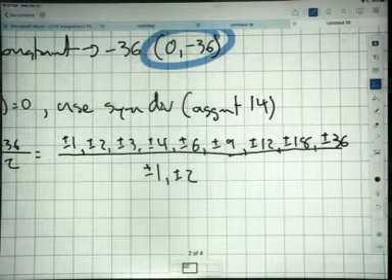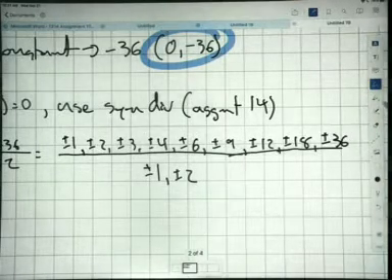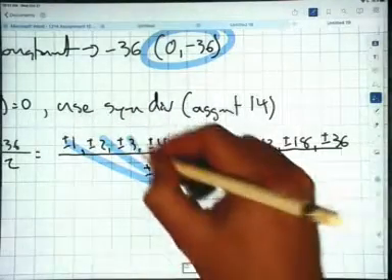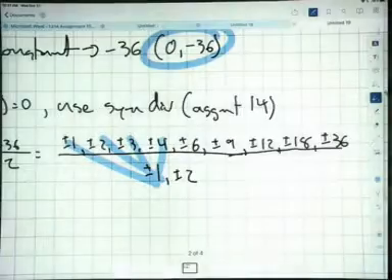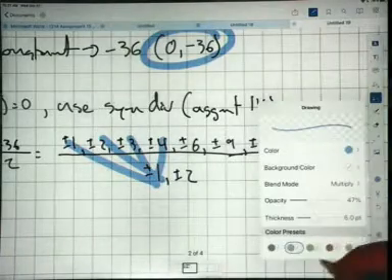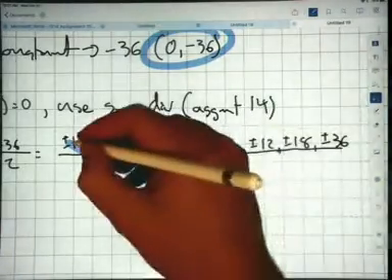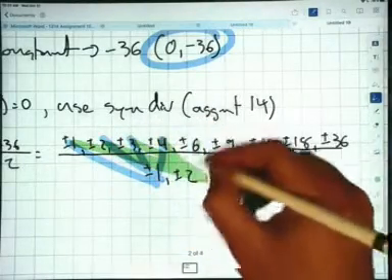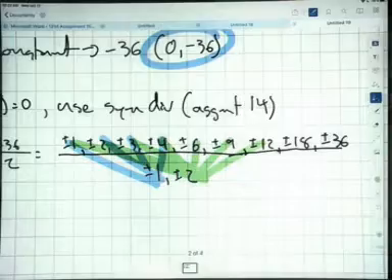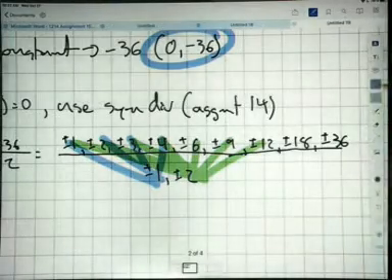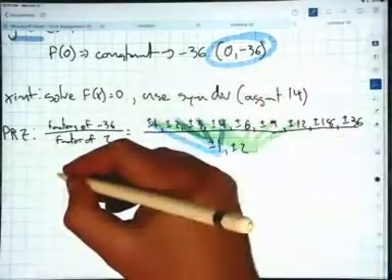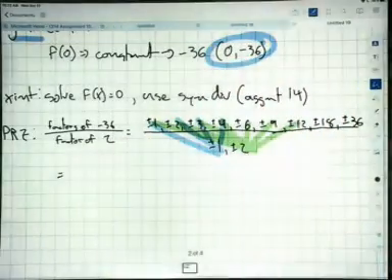Now we have to go through and divide. I'm going to do everything divided by 1, and then everything divided by 2. Dividing by 1 is really easy, because dividing by 1 is just whatever you have.